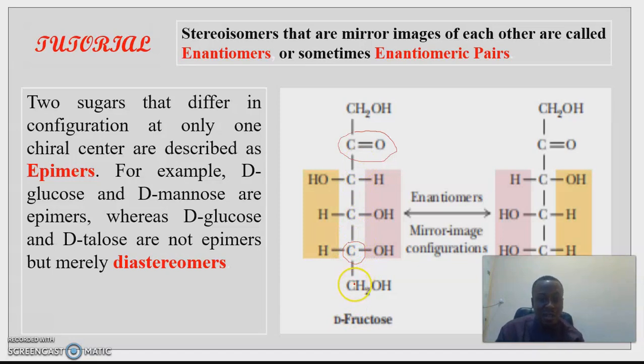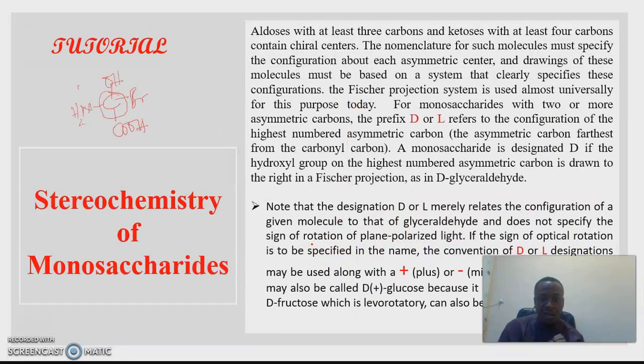So the one that is farthest from this is actually the carbon that determines if the name would be D or L. Now, if the hydroxy group on this last carbon is located on the right, it is called D-fructose. If the hydroxy group is located on the left, it is called L-fructose.